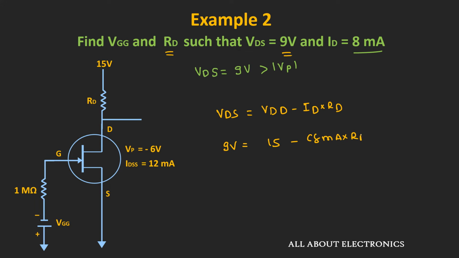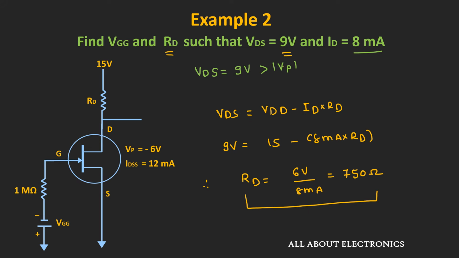And we need to find the value of RD such that these conditions get fulfilled. So if we rearrange these terms, then we can say that the value of resistor RD should be equal to 6 volt divided by 8 milliampere, that is equal to 750 ohm. So by selecting the value of RD as 750 ohm, we can ensure that the voltage between this drain and the source terminal is equal to 9 volt.